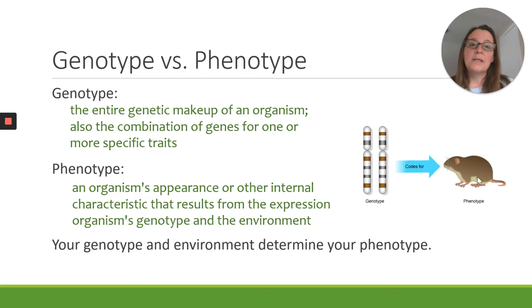But your environment, the food that you eat, the nutrition that you have, especially when you're young, will also impact how tall you are. So in that case, there's a genetic and an environmental component to that trait. So some things are purely just based on your genotype. Other things can be influenced by your environment as well. And those things together or alone, just your genotype, will determine what you look like, your phenotype.